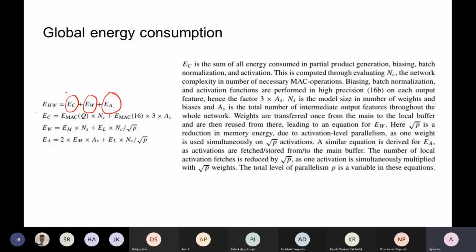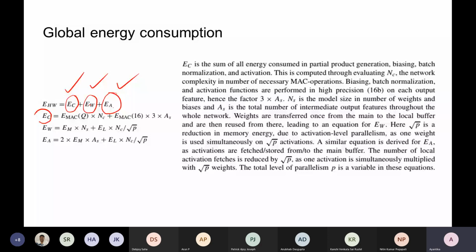When we are talking about the computation, as you know, it is related to our MAC block, the multiply accumulate block that we are using. The quantization bit is basically controlling how much energy consumption there is. The related energy we consider as EMAC, which depends on the Q bits.